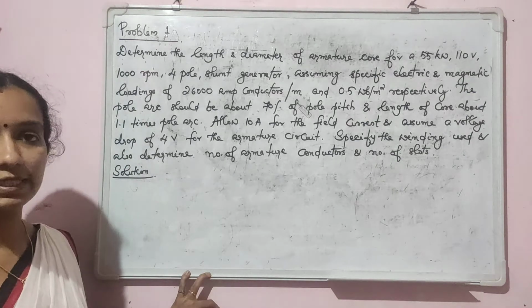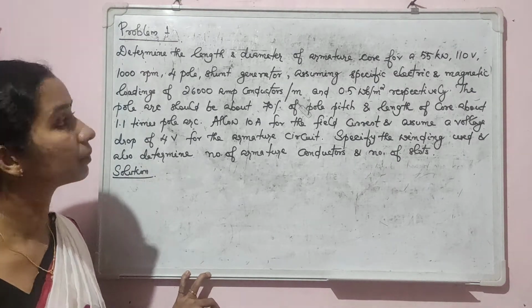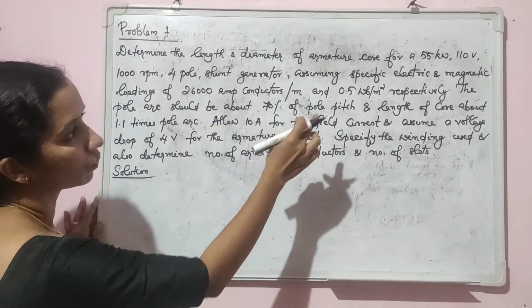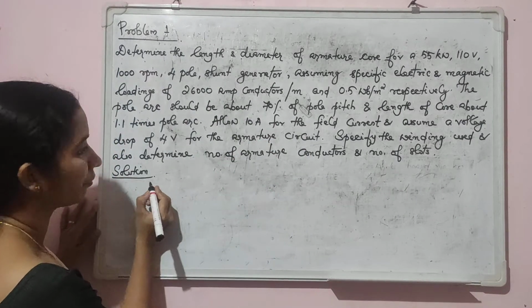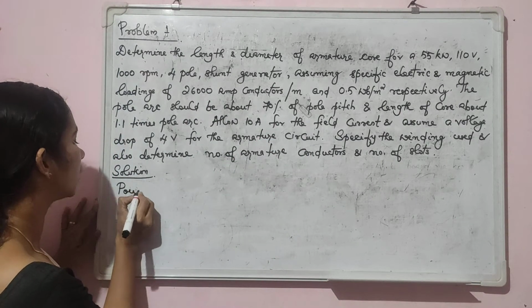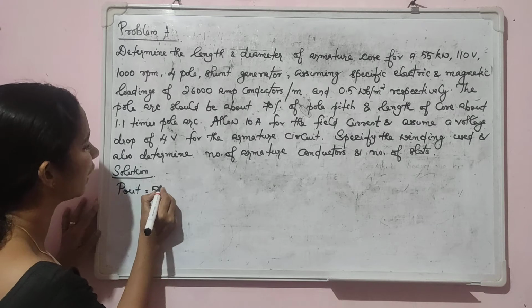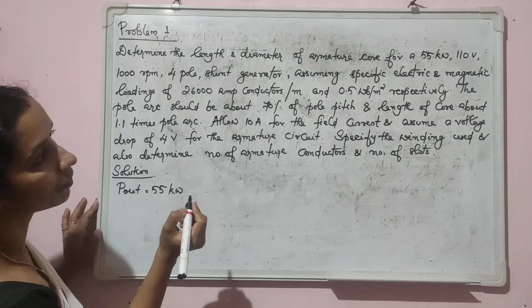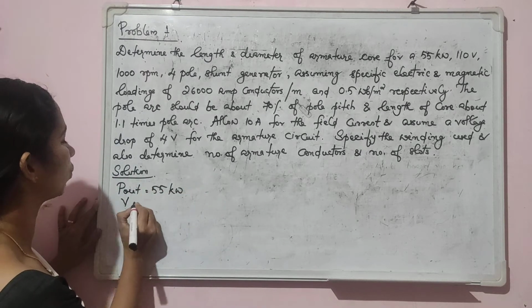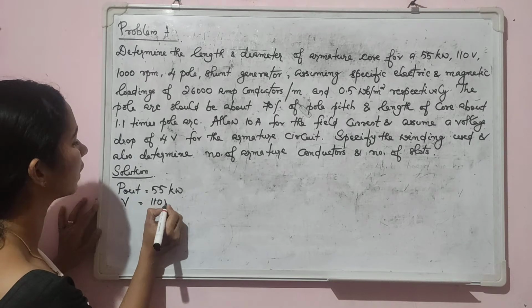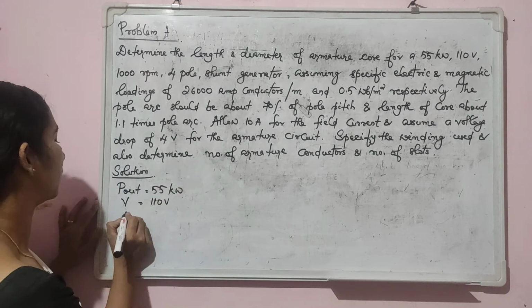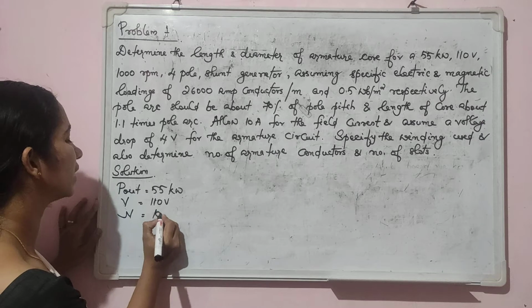So first of all, let us note down the parameters given. Output P out is equal to 55 kilowatt. Terminal voltage is 110 volt. Speed in rpm is 1000.